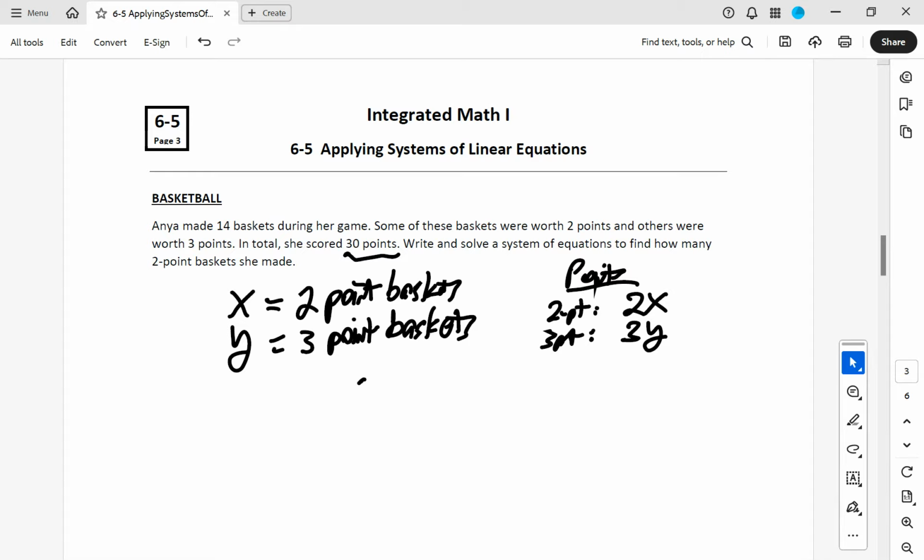So at some point, she did a certain number of 2-point baskets at 2 points each, plus a certain number of 3-point baskets at 3 points each, and that gave her a total of 30 points. All right, that works really well to understand that. If you know sports at all, especially basketball, that really helps. That's an easy one. Well, sort of.